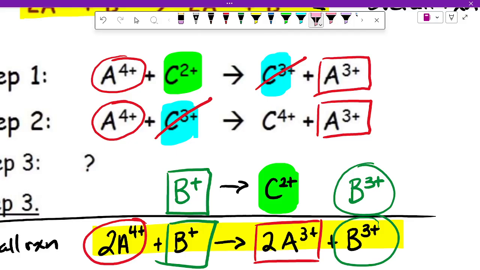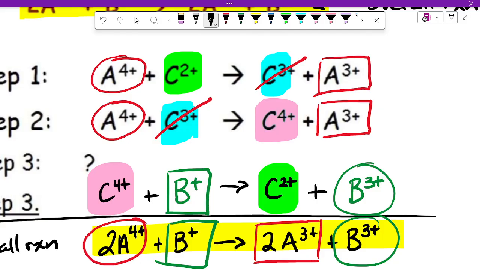I have a C4+. So I'm going to put a C4+ here. I need to put some pluses in between my reactants and my products. And now we have a step 3.